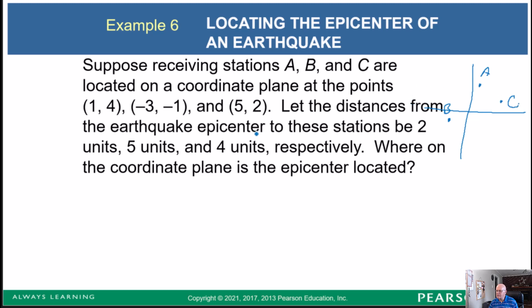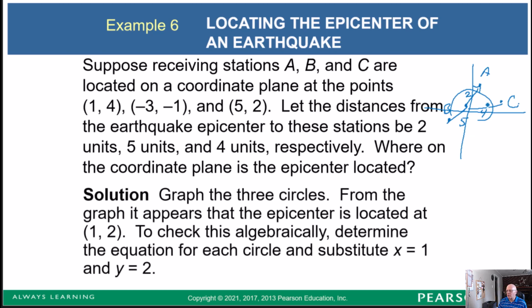And the distances from the epicenter, wherever that thing is, somewhere in here, to the first one, to A, let's say it's here, just for fun, this is 2 units. To B is 5 units, and to C is 4 units.